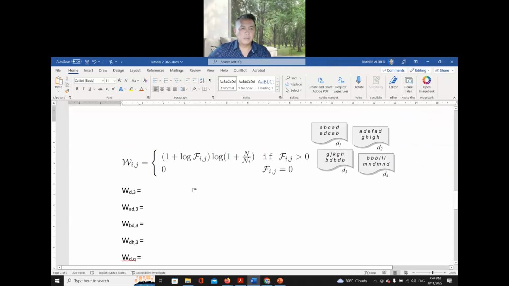Okay. So the formula for this will be 1 plus log 2. Okay, how many times D exists in document 3? So in document 3, D exists 2 times.